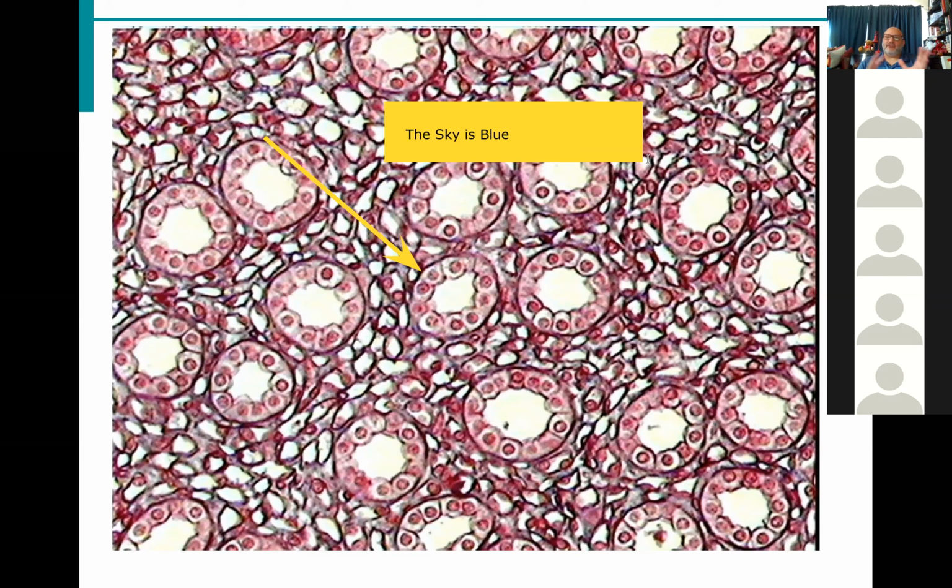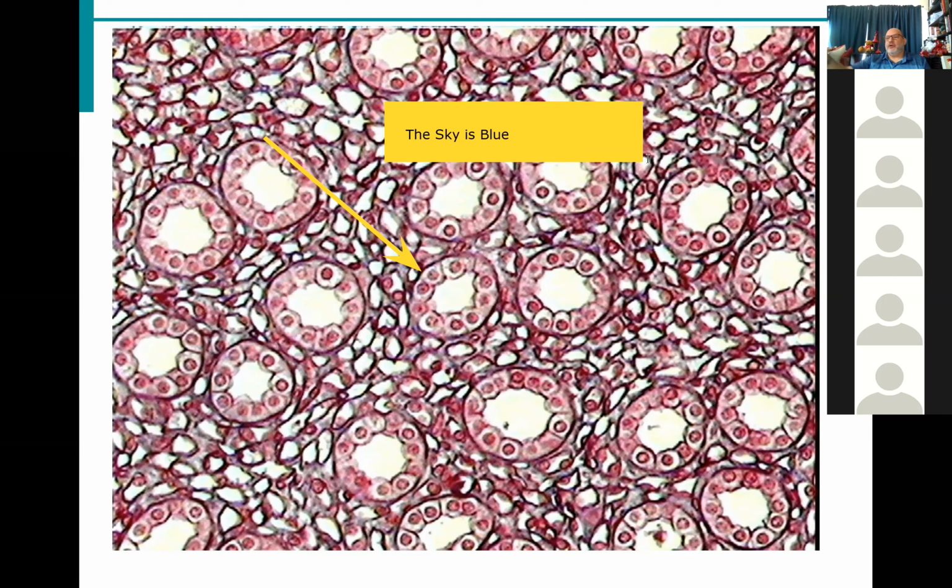If you've looked in your textbook, you will see that the basement membrane of an epithelial tissue is actually made up of a couple different layers of material. We're not going to worry about differentiating that. So for our purposes in this class, basal lamina and basement membrane mean the exact same thing. It is true for every science class: you are learning the sky is blue.